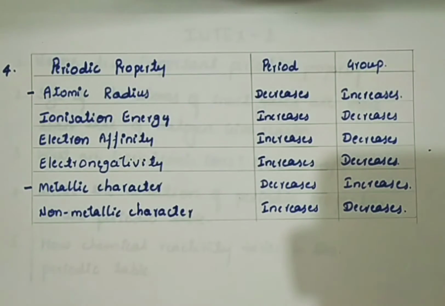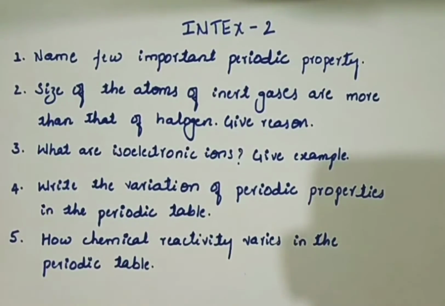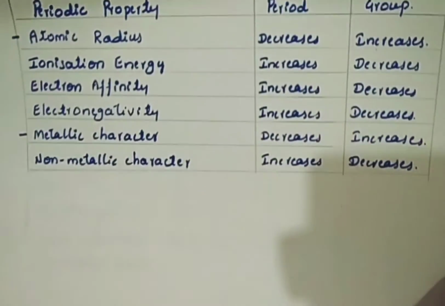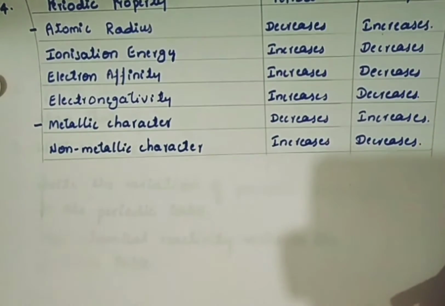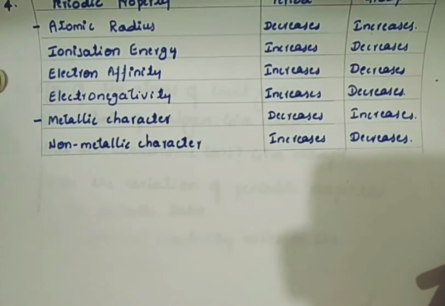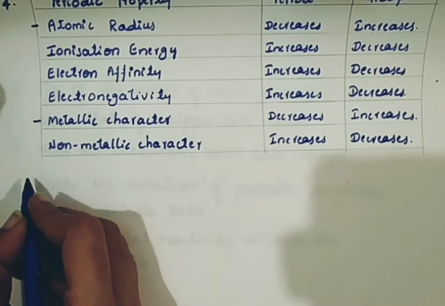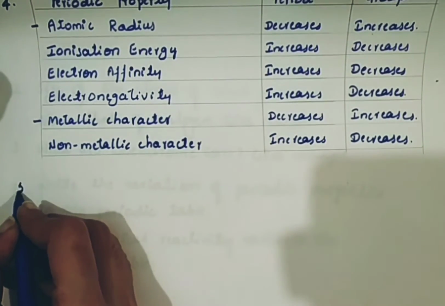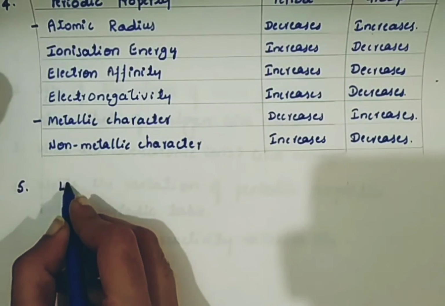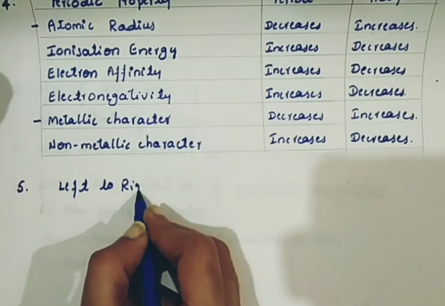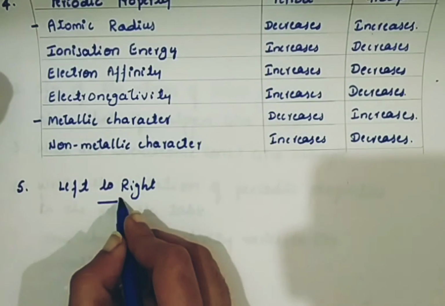Okay, next, the last question. How does chemical reactivity vary in the periodic table? The greater the tendency to lose electrons, the greater the reactivity. This is true in the case of metals. Again, the greater the tendency to gain electrons, the greater the reactivity. This is for non-metals.